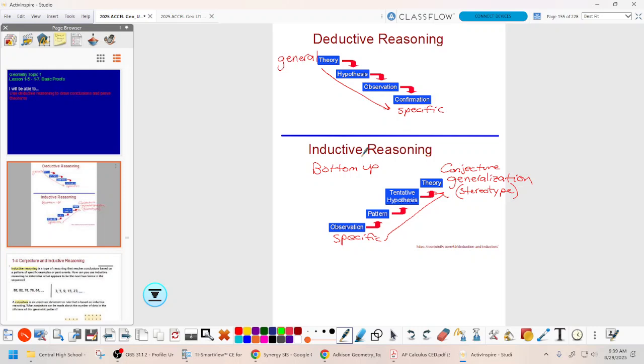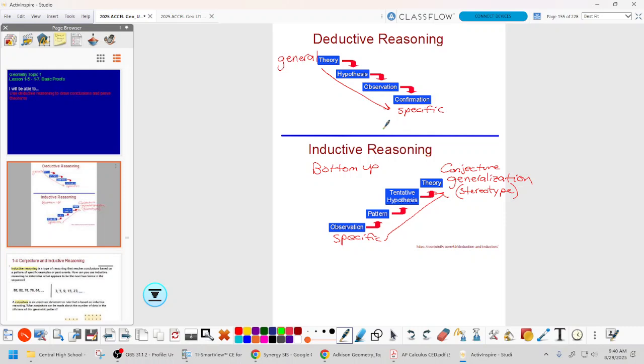These are the main ways that we come to conclusions as people, not just in geometry, but in general. And they're kind of opposite of each other. So deductive, you start with a general idea, and then you think through how you're going to apply it to a specific context. Okay? So thinking like, driving fast without a seatbelt will probably get you killed. That's a general principle. Do you agree?